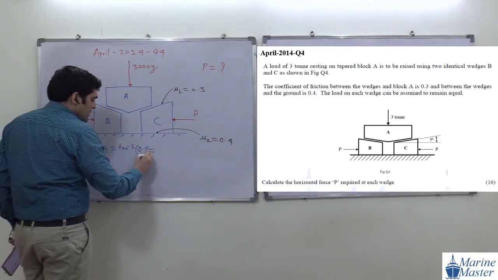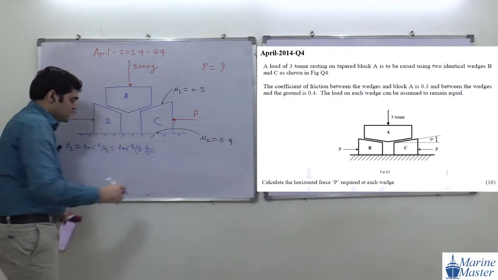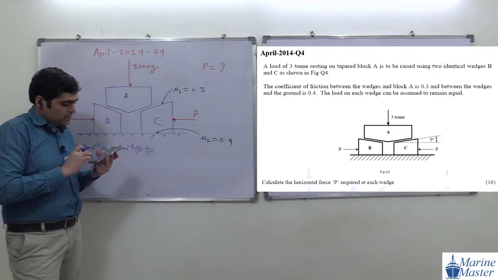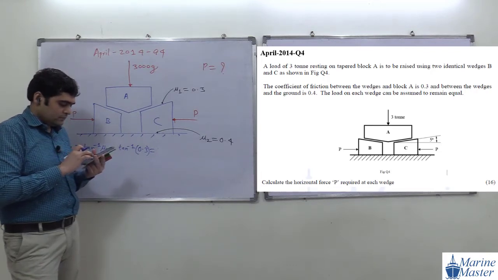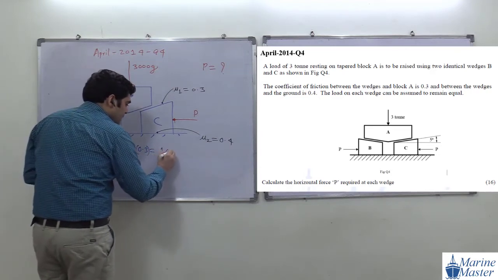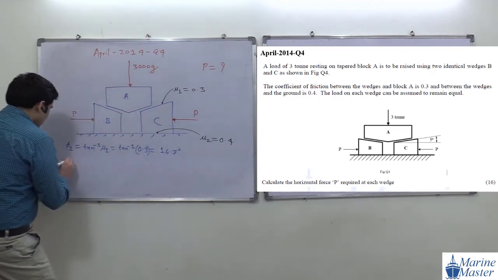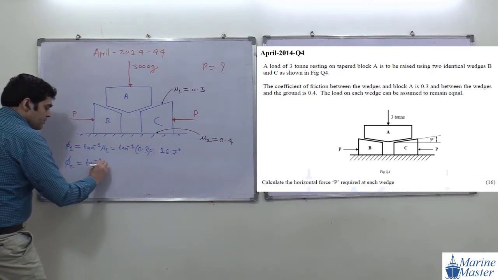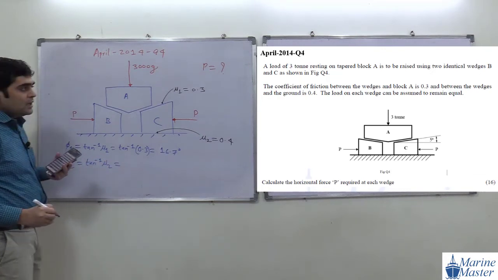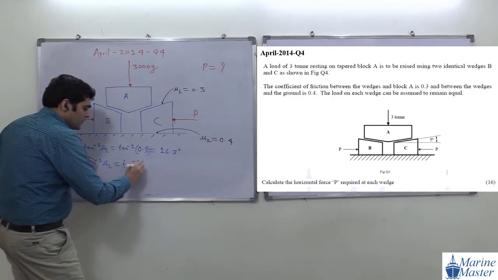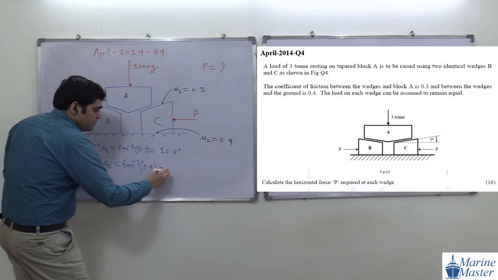So what is tan inverse of 0.3? Please everyone do the calculation and let me know. 16.7 degrees. Okay, good. Then phi2 will be equal to tan inverse of mu2, which is tan inverse of 0.4.